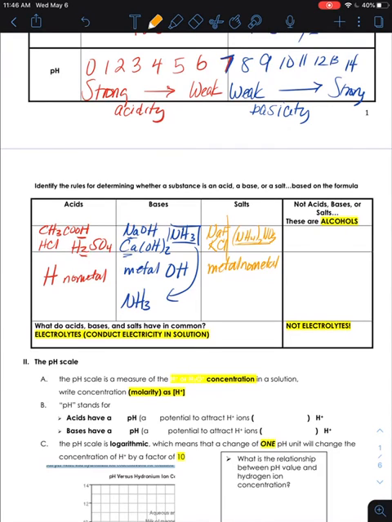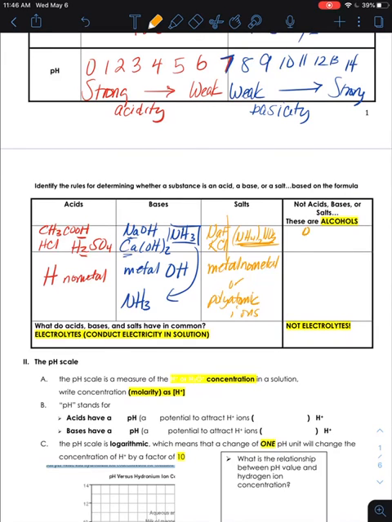We could also have the example here, which are polyatomic ions. Anything that is polyatomic, more likely than not, would be considered a salt. Now there are exceptions, and there's always the trigger when we're talking about Regents questions. There are these things called alcohols.